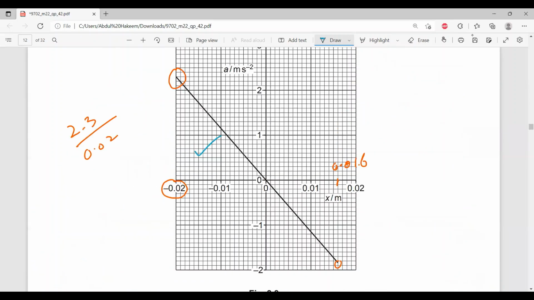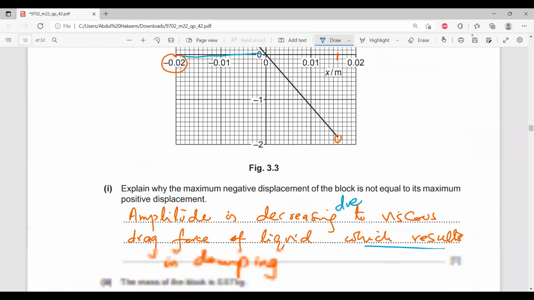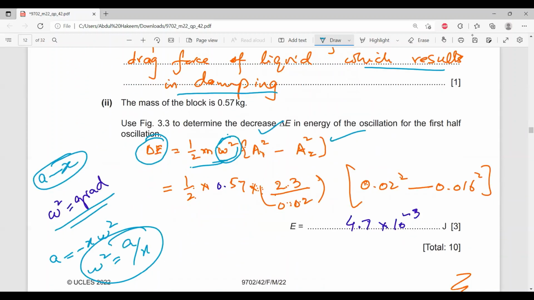So suppose this vertical value is 2.3, and this horizontal distance is 0.02. So this is the gradient. So 1 by 2, the mass is given here, 0.57. And this omega squared is equal to the gradient, meaning 2.3 on the y-axis divided by the x-axis, 0.02.